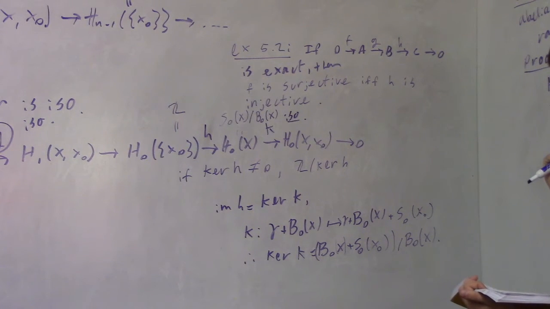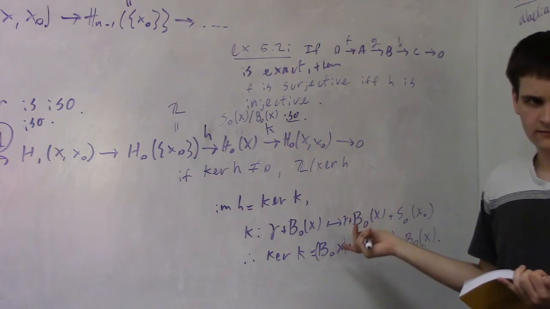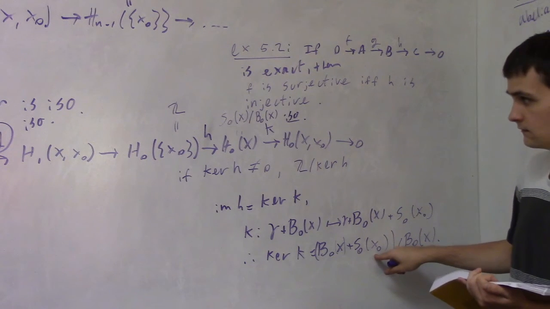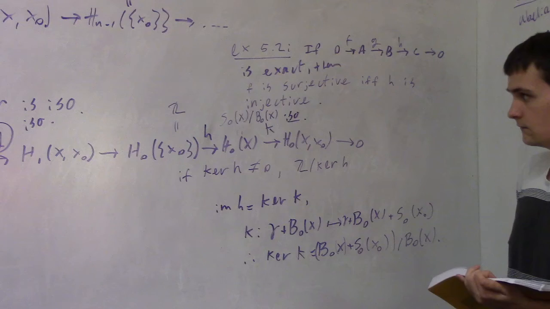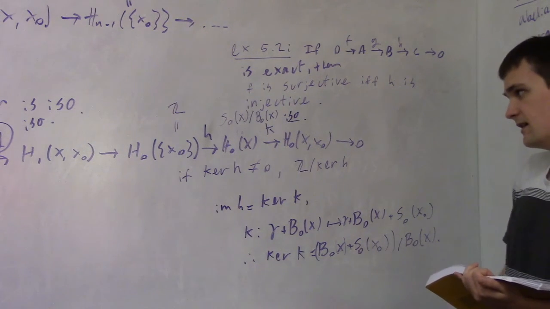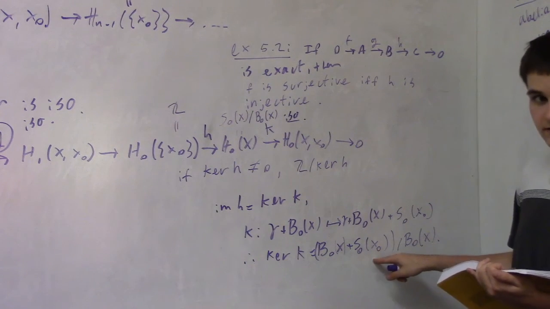I don't know why they wrote it this way. I think kernel K can also be expressed as alpha plus beta x naught, where alpha is taken from the boundaries plus S naught of x naught. I think you could just write it as H naught of x, because this is a subgroup of S naught of x.